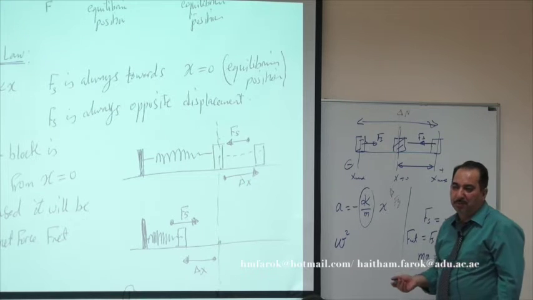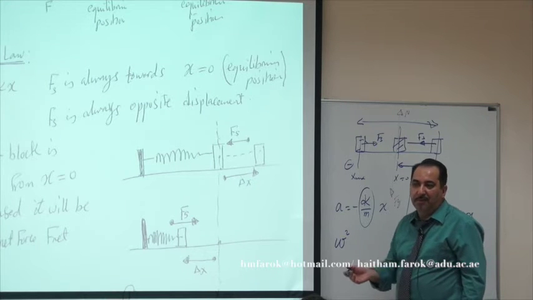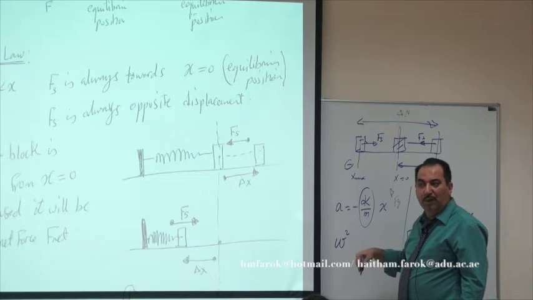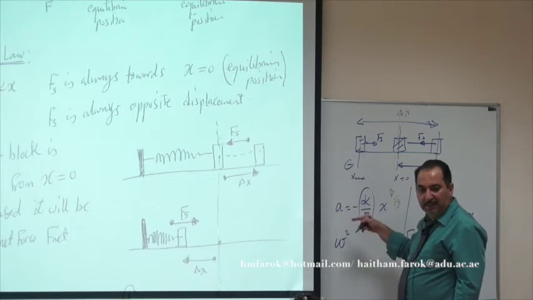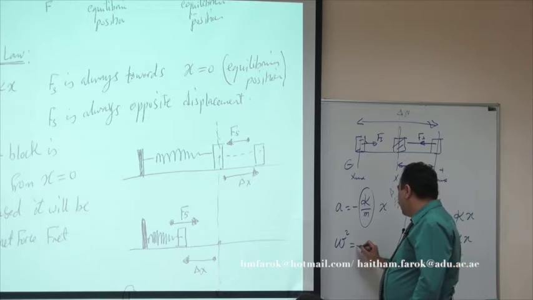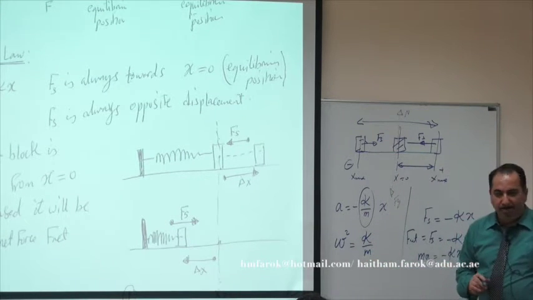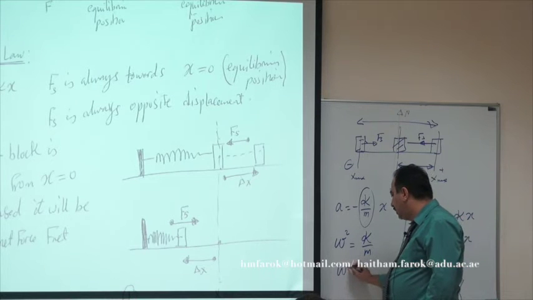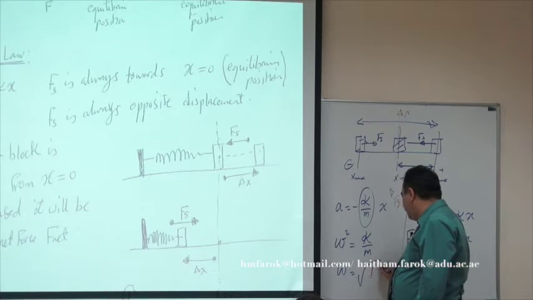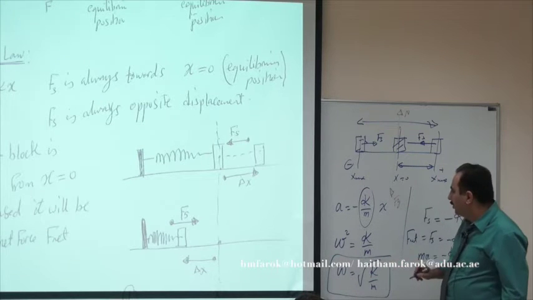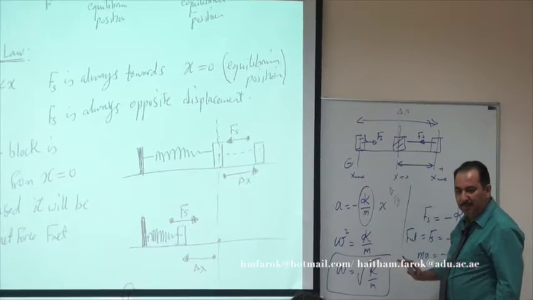You can call it omega, you can call it alpha, beta, but we decided to call it omega square. It's a constant. It could be anything. So omega square is kappa over m. So what is omega then? Root of? We take the minus. No, the minus is outside.